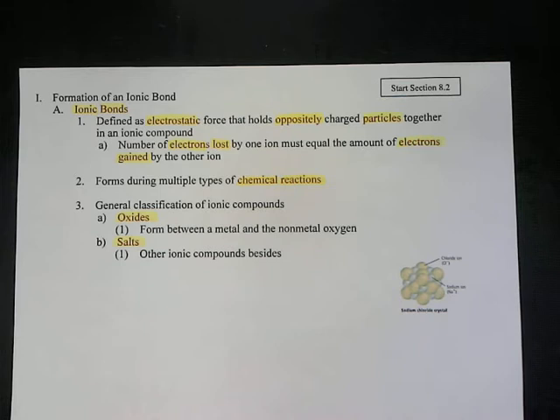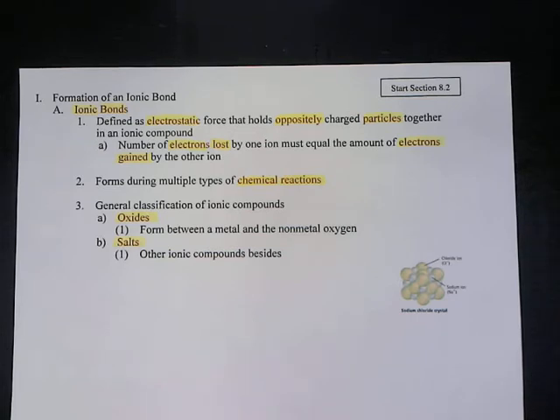So we start with the definition of an ionic bond. It's defined as the electrostatic force that holds oppositely charged particles together. What that is saying is that we have a positive ion, which remember from section 1 we called a cation, held together or attracted to a negative ion, which we called an anion.